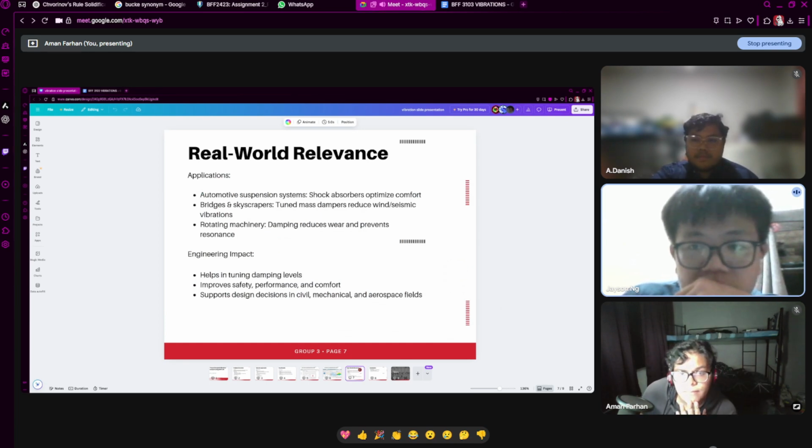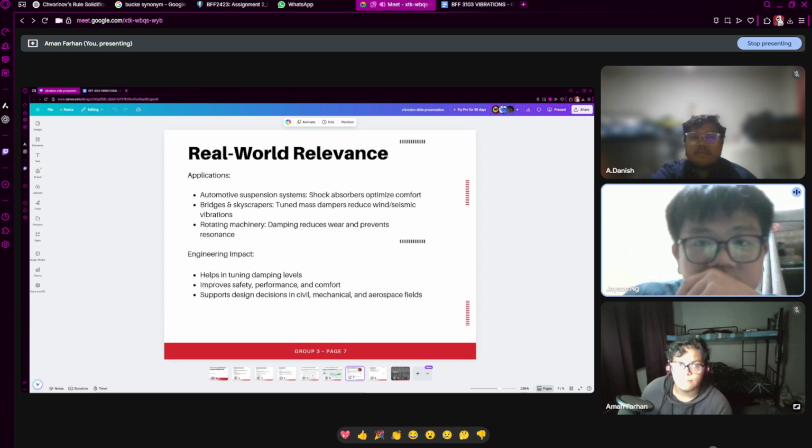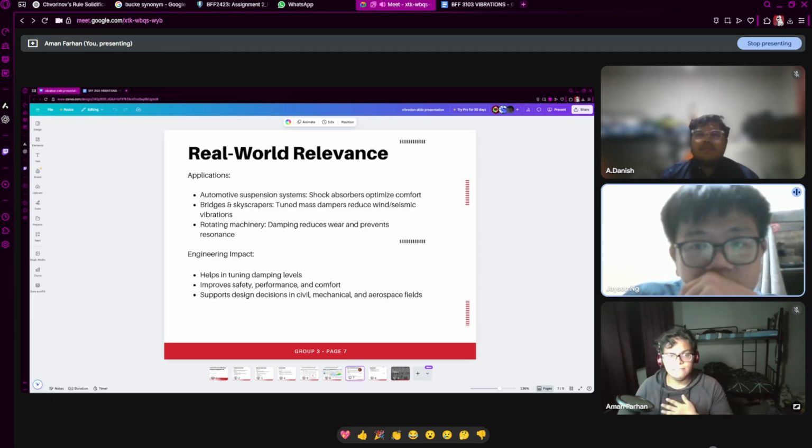Real world relevance. In the automotive suspension system, shock absorbers reduce vibration and improve comfort. In civil engineering, tuned mass dampers in buildings and bridges reduce wind and seismic vibrations from external force. In rotating machinery, damping prevents excessive wear and dangerous resonance.